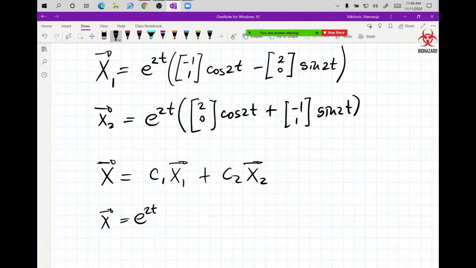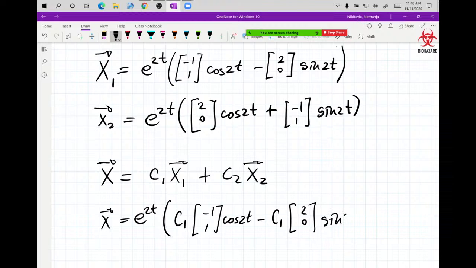And we have what? C1 is going to have this negative 1, 1 cosine 2t minus another C1 2, 0 sine 2t.